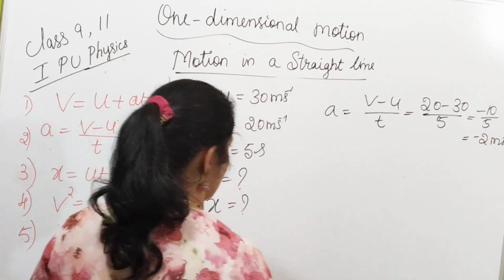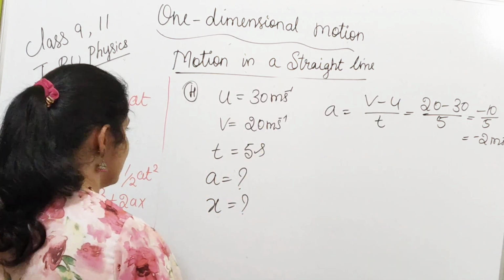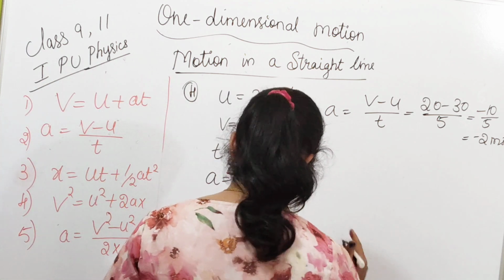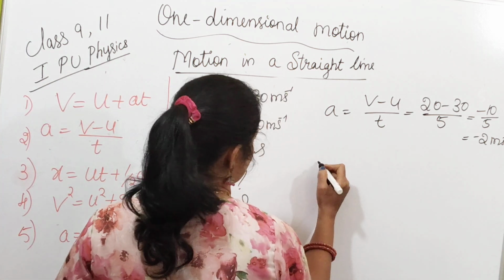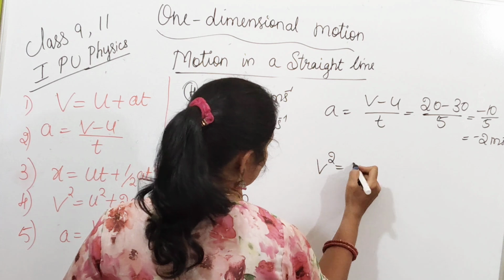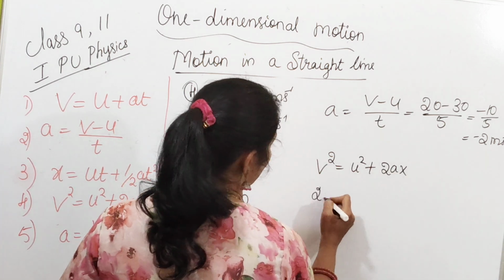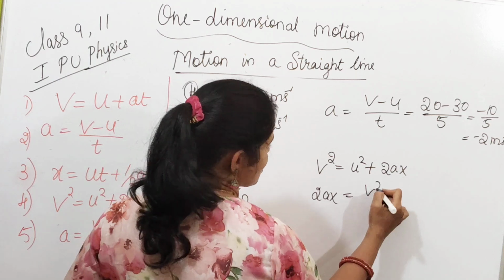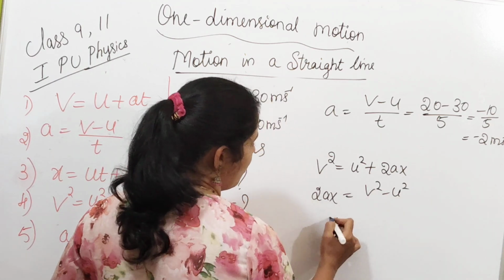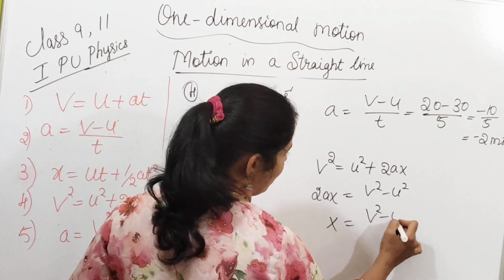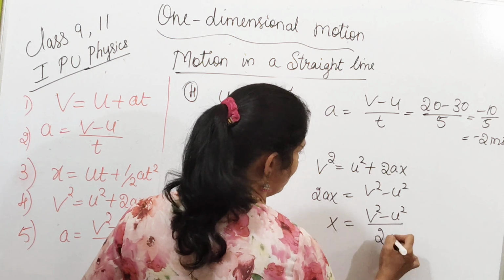2 meter per second square is the retardation, and x is equal to, let us use this formula: v square is equal to u square plus 2ax, or you can write x as v square minus u square divided by 2a.